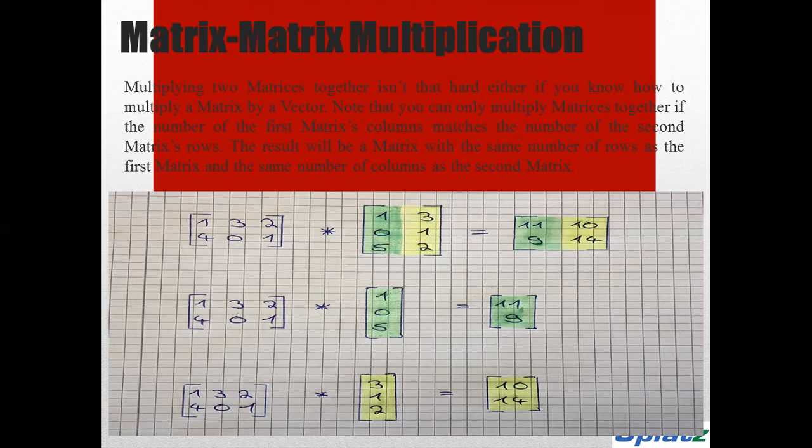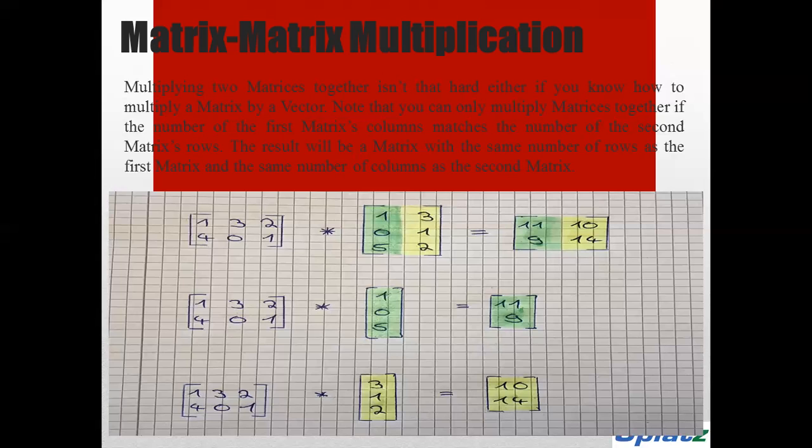So what happens here? You can only multiply matrices together if the number of columns of the first matrix is equal to the number of rows of the second matrix. That is a condition for matrix multiplication.